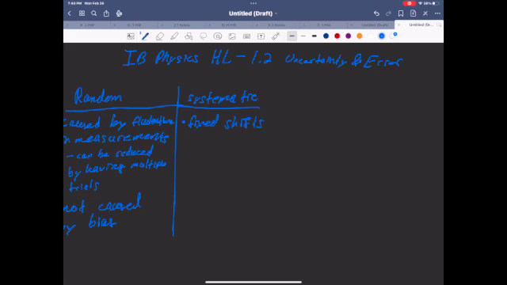So let's say you had a thermometer that was off by 5 degrees. Your entire data is going to be shifted over by 5 degrees. This cannot be fixed by multiple trials.